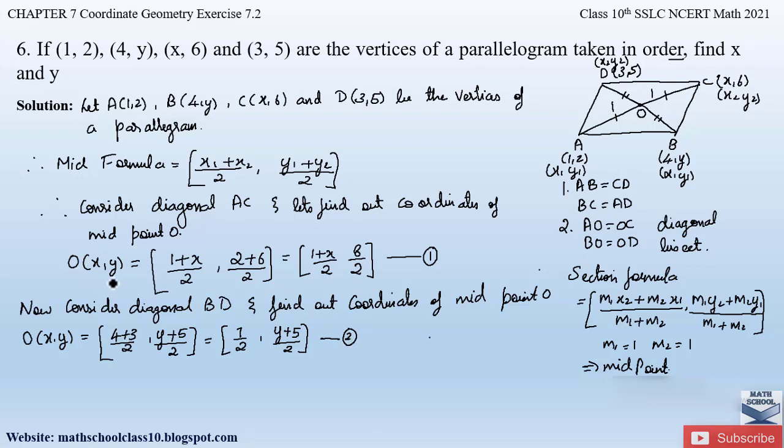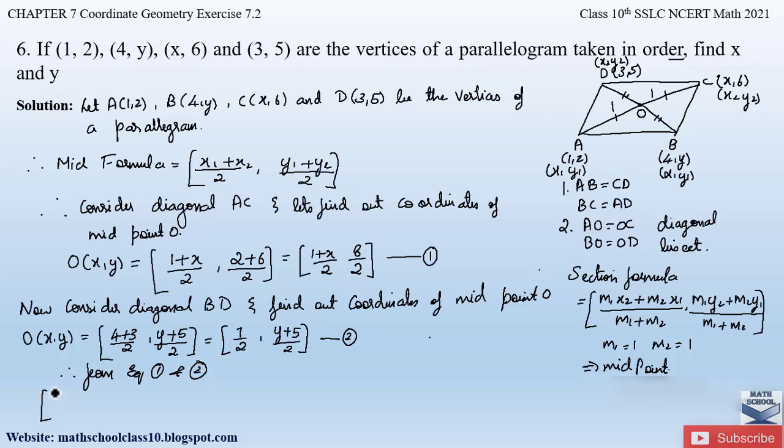Now since equation 1 gives the coordinates of point O and equation 2 also gives the coordinates of point O, this point O is common to both diagonals AC and BD, right? So let us equate equations 1 and 2.